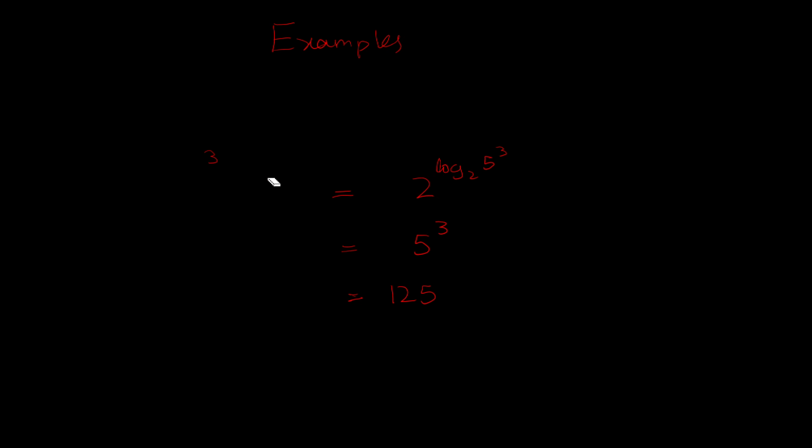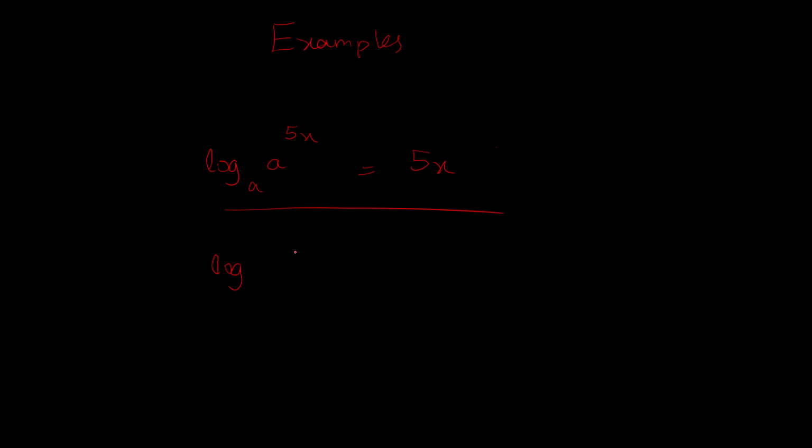Similarly, if you had a variable instead of a number and you have to simplify, you can use this rule. So let's take a to the log base a of 5x. Again, the same will apply, and the answer would be simply 5x. Similarly, if you have numbers, let's say log of 100 raised to the power of 5, and the base is 10.